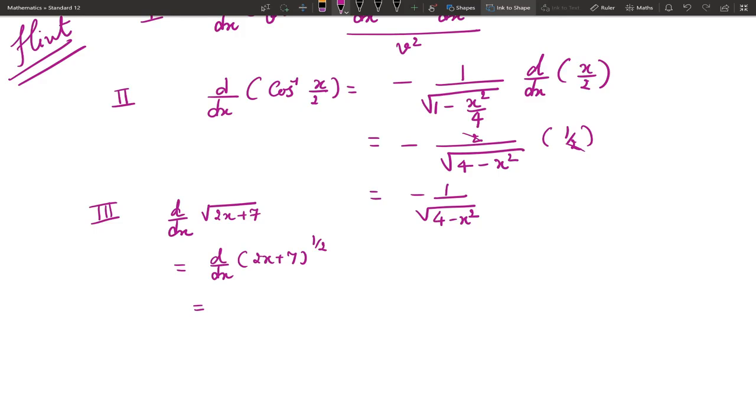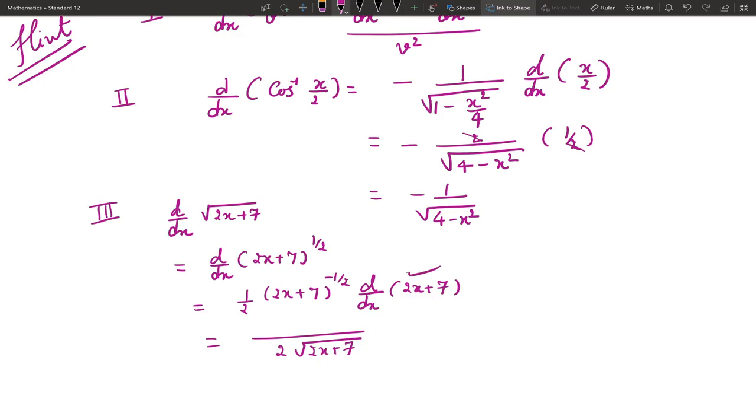So first we have to use d by dx of x raised to n, which is n x raised to n minus 1. So 1 by 2 into 2x plus 7 raised to 1 half minus 1 into by chain rule d by dx of 2x plus 7. So this will be 2 root 2x plus 7, and when we differentiate this thing, d by dx of 2x plus 7, derivative of 2x is 2, 7 is constant, so derivative is 0. So here you can cancel.